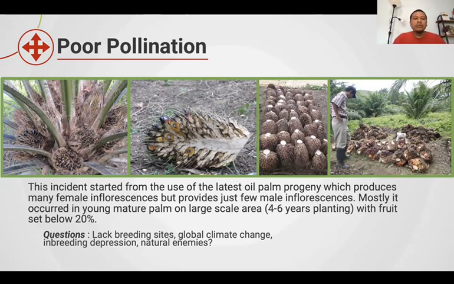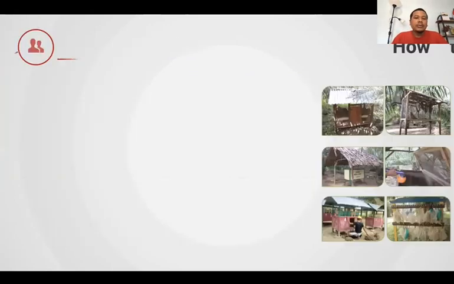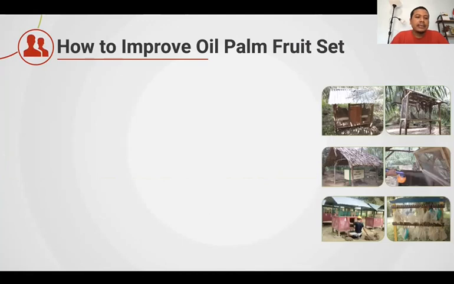So many questions then arise. What are the factors causing this problem? Is it lack of breeding sites, global climate change, inbreeding depression, or natural enemies? So IOPRI, as a research institute, always conducts research to overcome this problem.